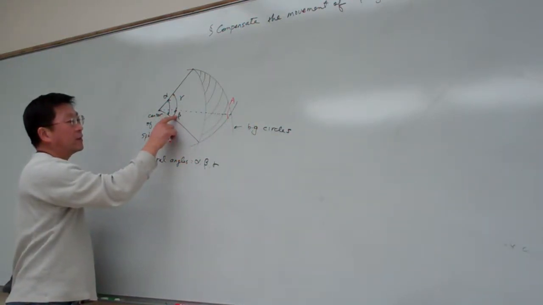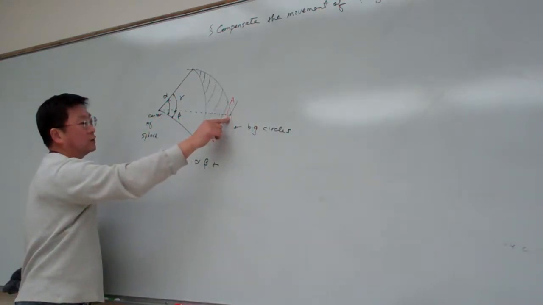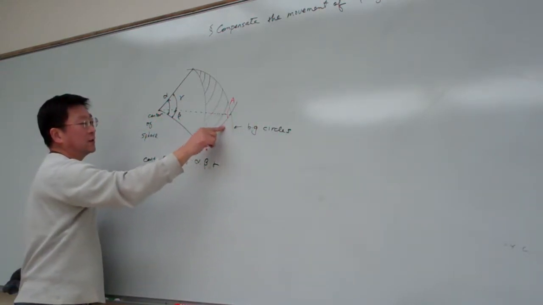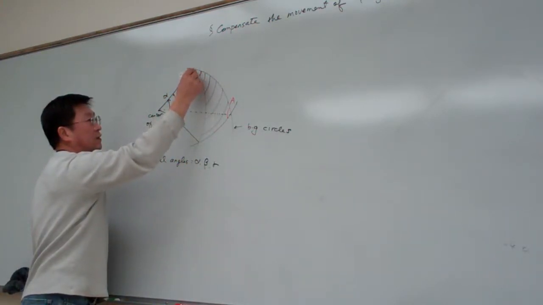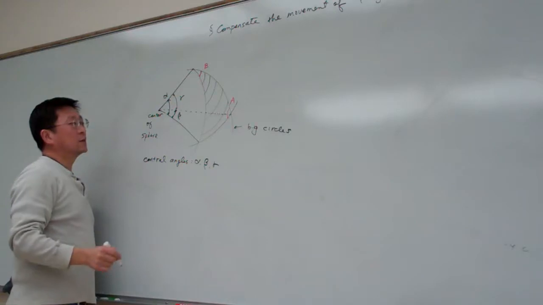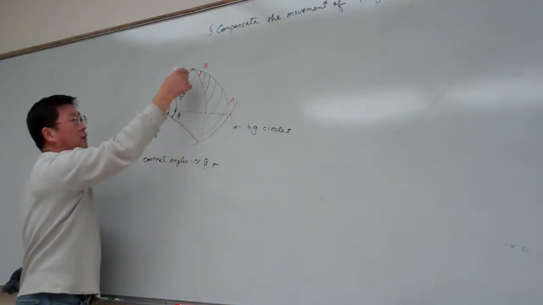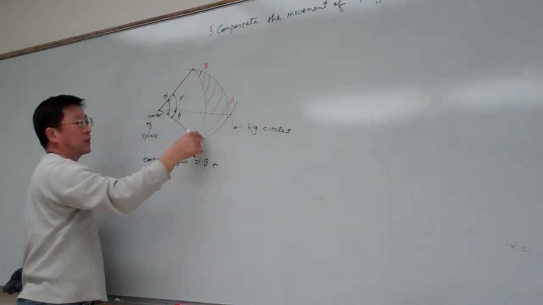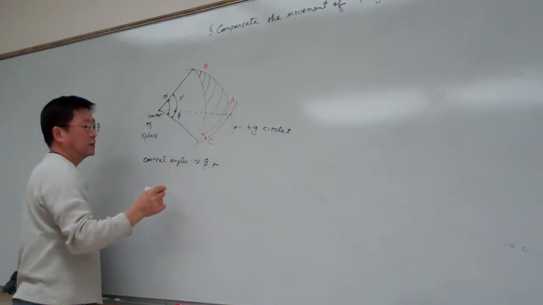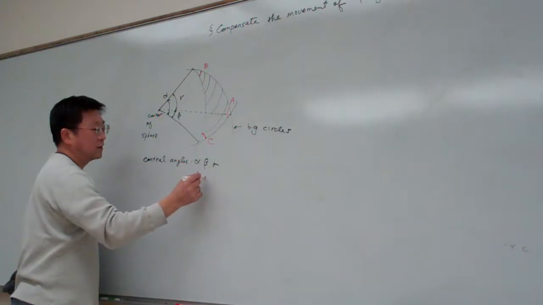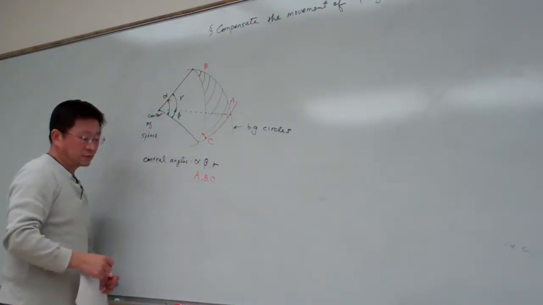For beta, the corresponding edge is this edge here. So this edge on the opposite side of the surface, and this one is called the angle B. In a similar way, gamma corresponds to this edge on the opposite side, and this is the angle we call C. So A, B, C are called the surface angles.